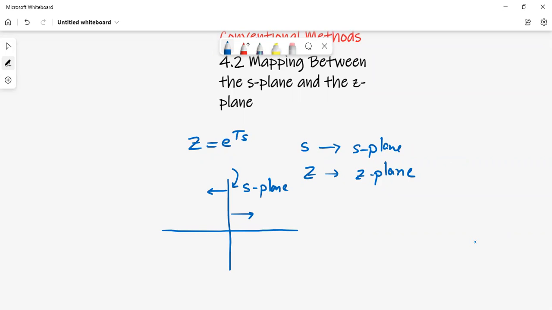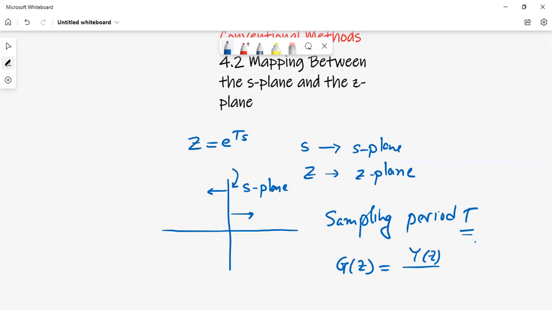But in the Z plane, one additional term is introduced, that is the sampling period T. Now, because of different values of the sampling period, it may happen that for the same transfer function, rather pulse transfer function, the parameter may not fall into the zone where it's supposed to be for a stable system. It can go beyond that boundary and fall into the unstable zone.